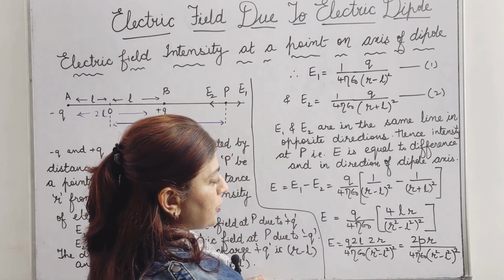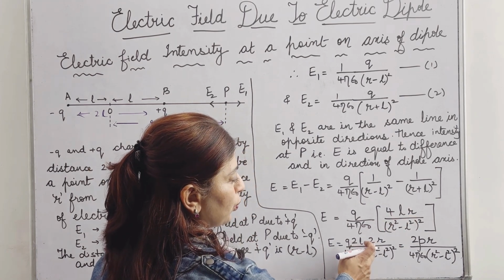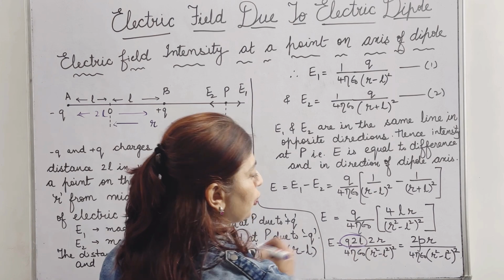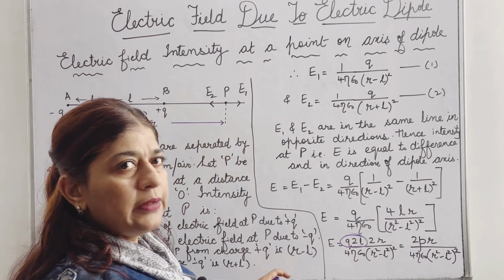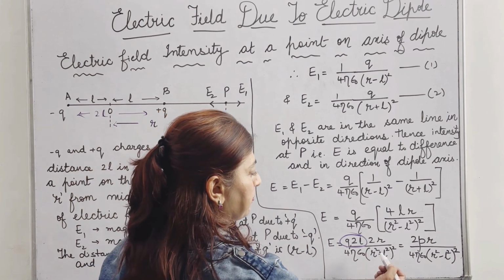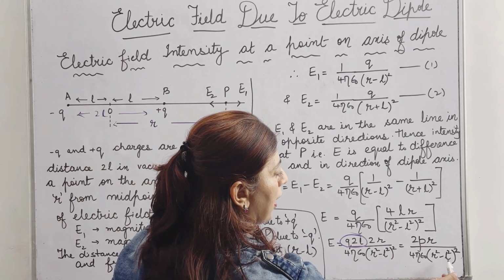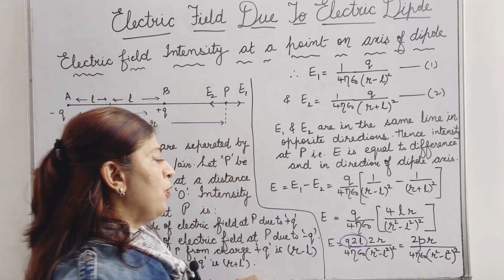Now rearranging, instead of 4L, we have taken 2L into 2. This q into 2L is our dipole moment denoted by P. So we have replaced it by P. So we have the relation 2PR over 4 pi epsilon naught, R square minus L square whole square.